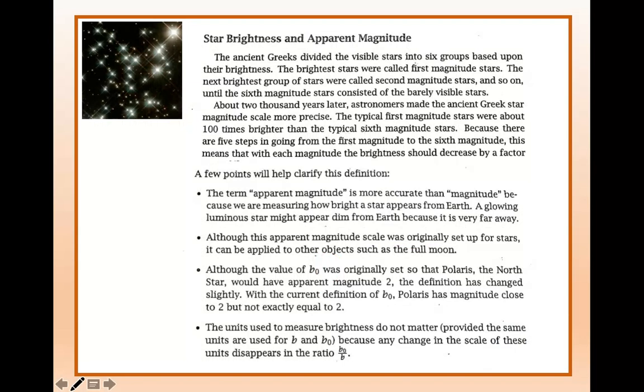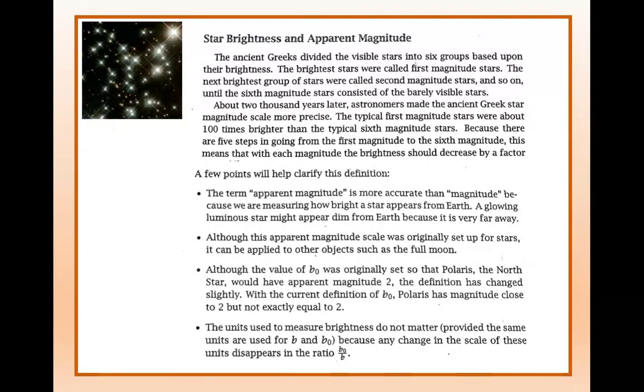And then the last thing I'll be talking about is star brightness, called apparent magnitude, which is more accurate than just magnitude. The ancient Greeks divided the visible stars into 6 groups based upon their brightness. The next brightest star was called the second magnitude star, right?